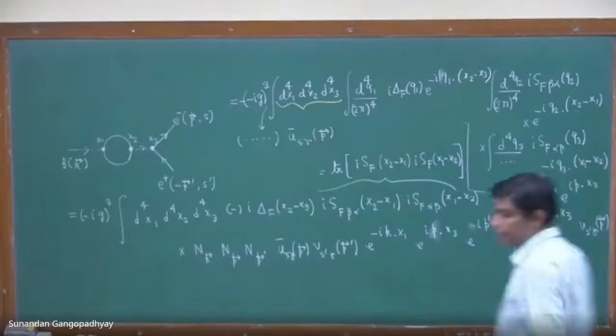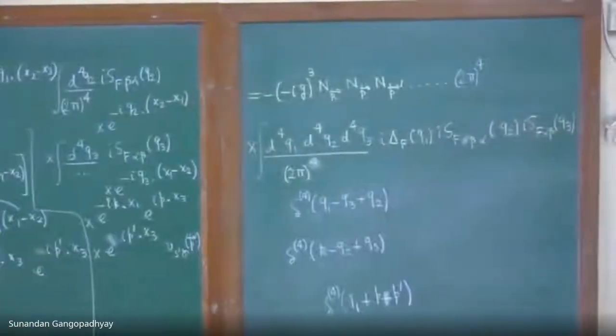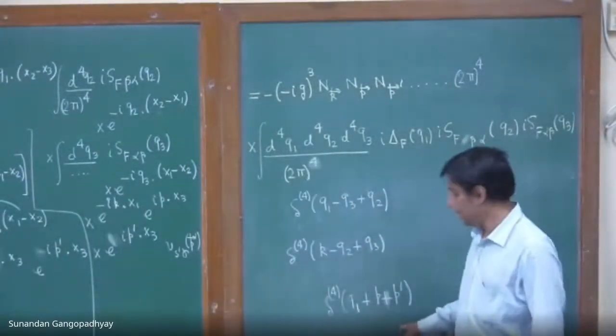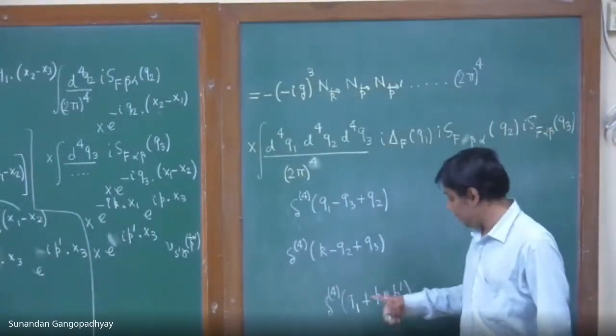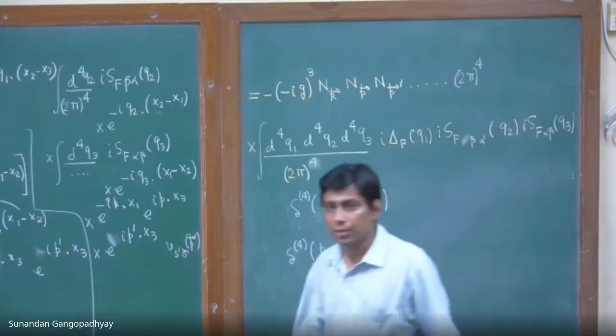What you will get finally due to that plus is that in this Dirac delta function here, earlier I wrote a minus, but this will actually be a plus. Then everything is fine.